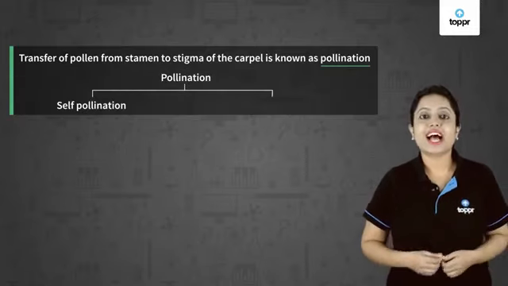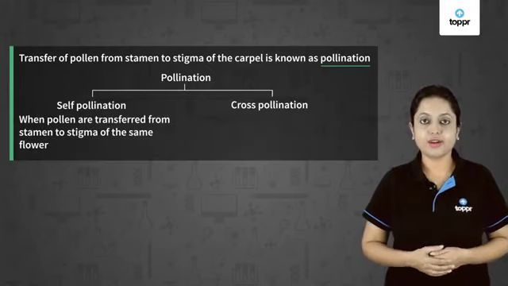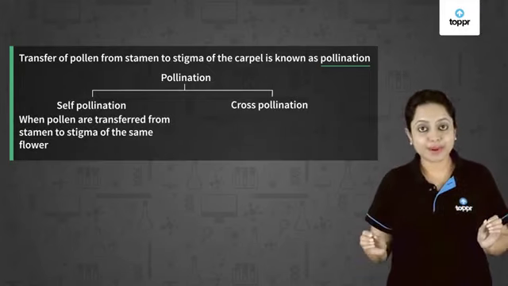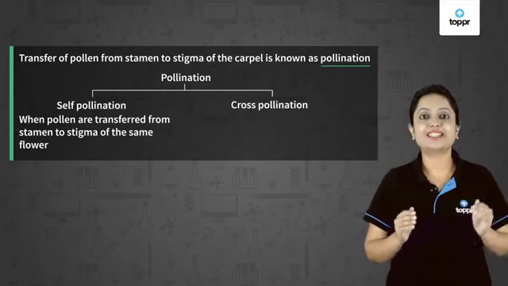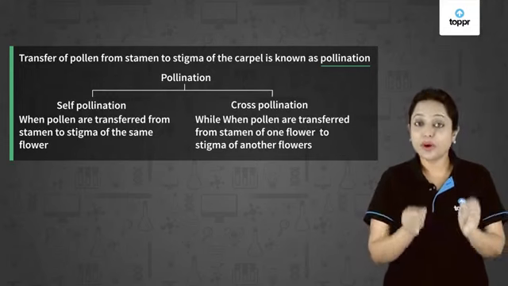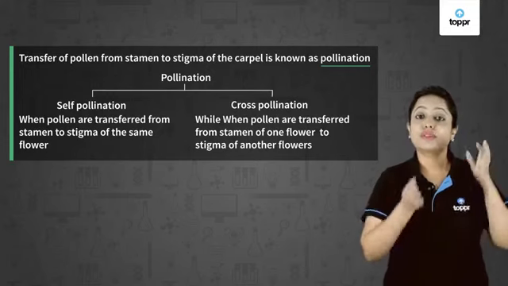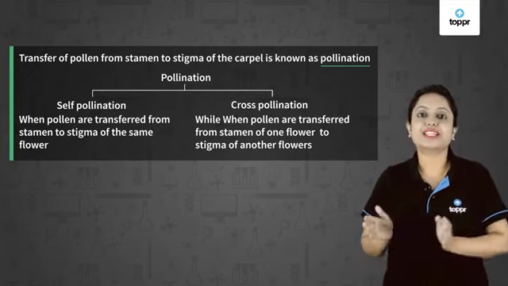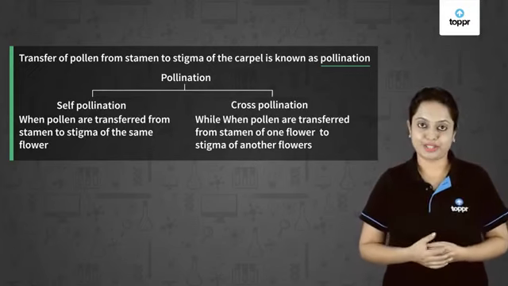Pollination is of two types, self-pollination and cross-pollination. When pollen are transferred from stamen to stigma of the same flower, it is known as self-pollination. While when pollen are transferred from stamen of one flower to the stigma of another flower, it is known as cross-pollination.